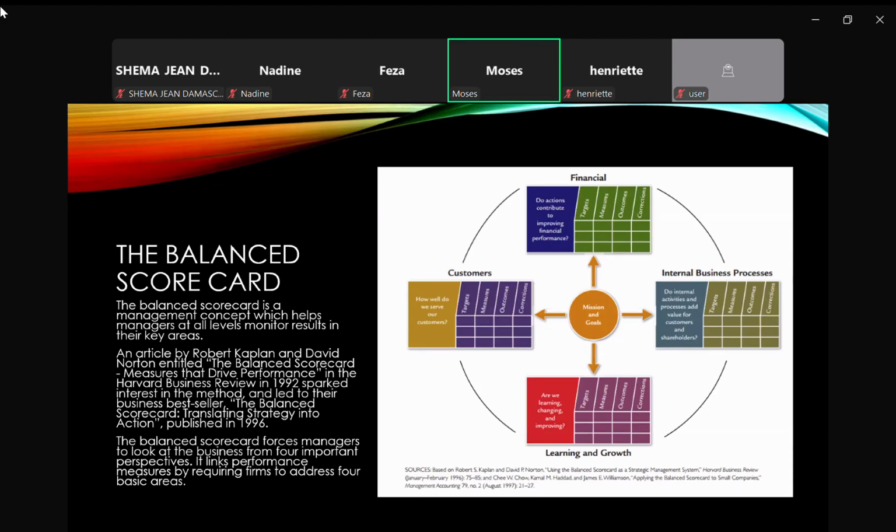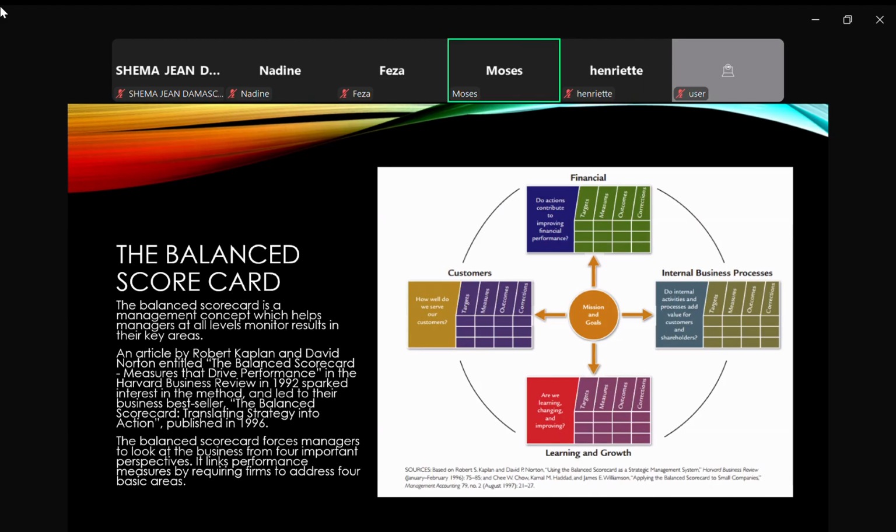Because before the 1990s, many companies only evaluated the performance of the company in financial terms. But these 2 researchers said that there are other ways you can measure the performance of a company. You can measure it financially, of course, and you are very good with financial assessment. But there are other ways you can measure performance.